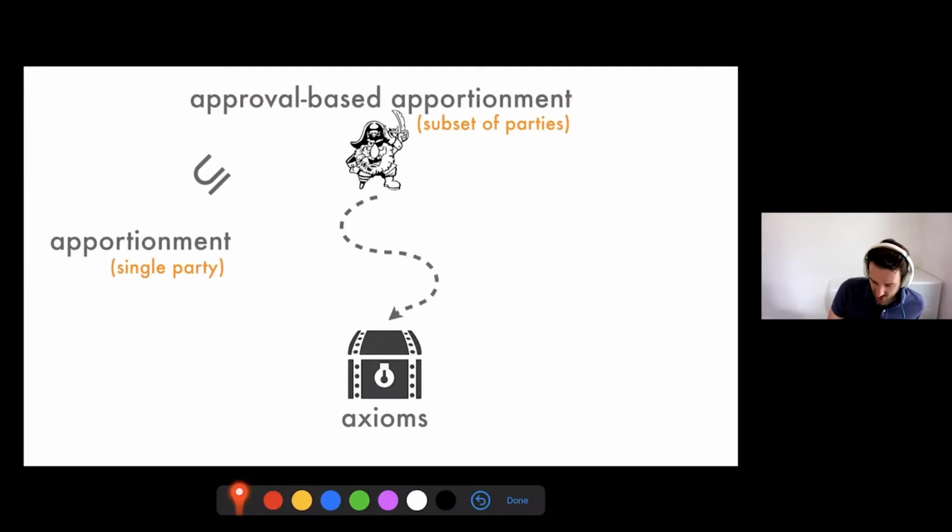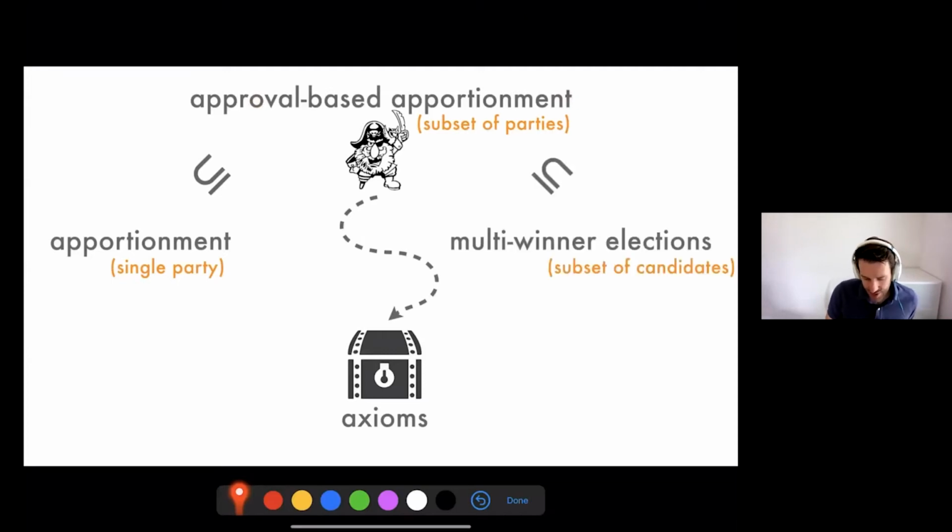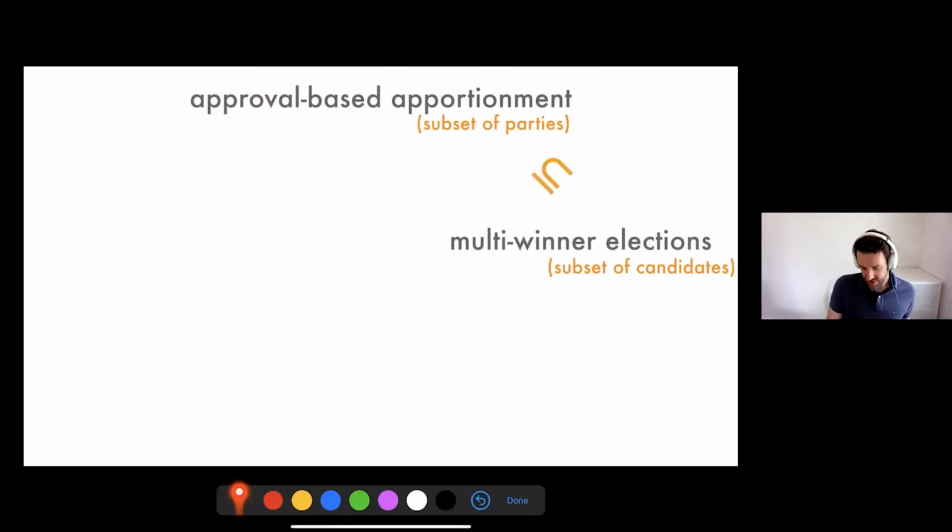What's maybe a bit more interesting is the other inclusion, namely one can show that our setting can actually be considered a subsetting or a subdomain of the general setting of approval-based multi-winner elections. And this is a setting that has been studied a lot in recent years, specifically in the computational social choice literature. So let me say a couple of words about this inclusion.